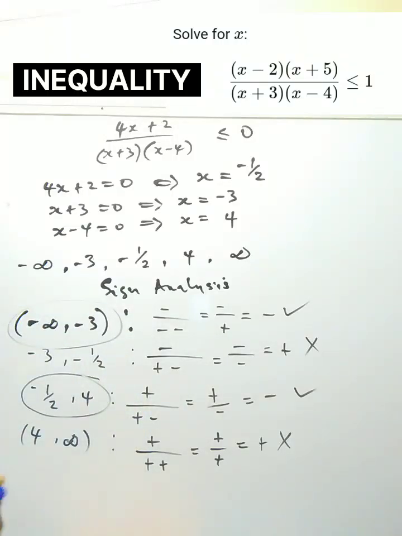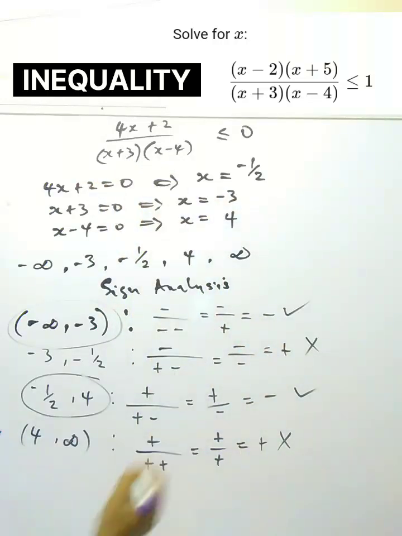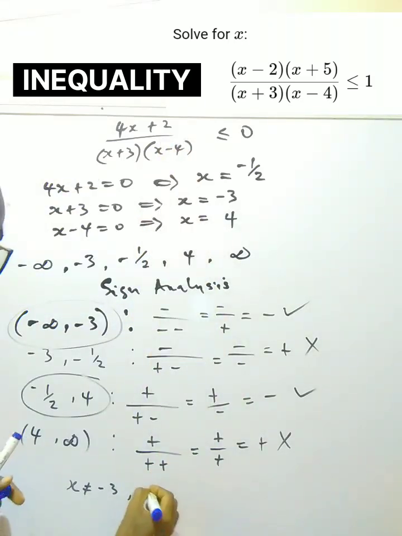Now remember that we have a condition that x will not be equal to minus 3, and x will not be equal to plus 4.